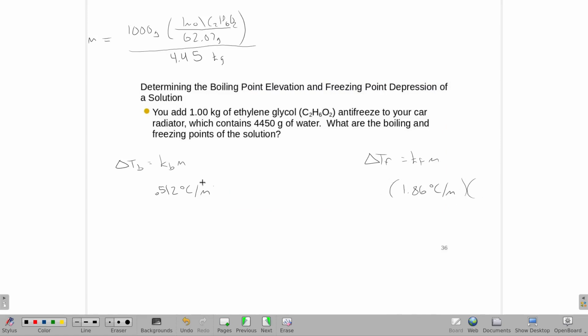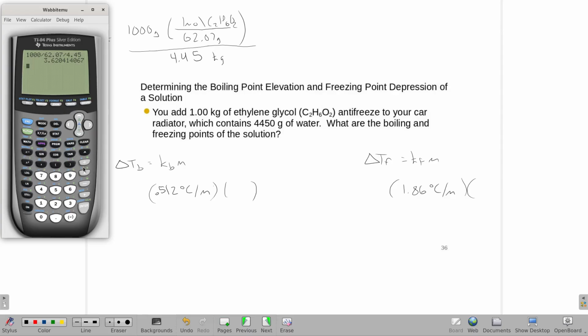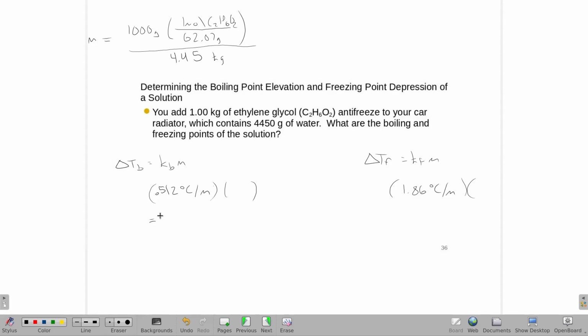This one we're going to multiply by the molality. So my delta TB is 0.512 times my molality, and we get the delta T is 1.85. I'm going to write that number down, and then come over here and calculate this.